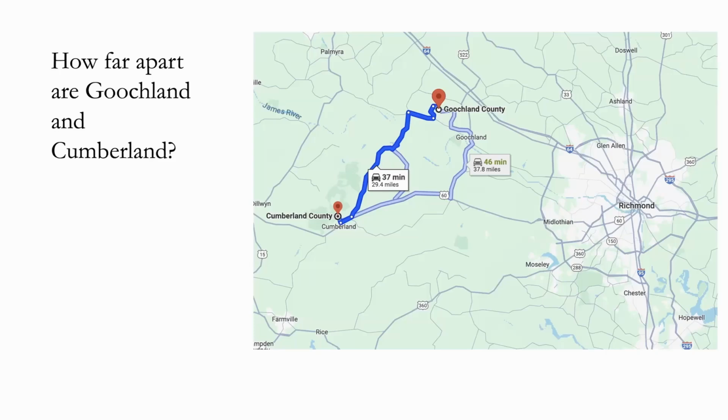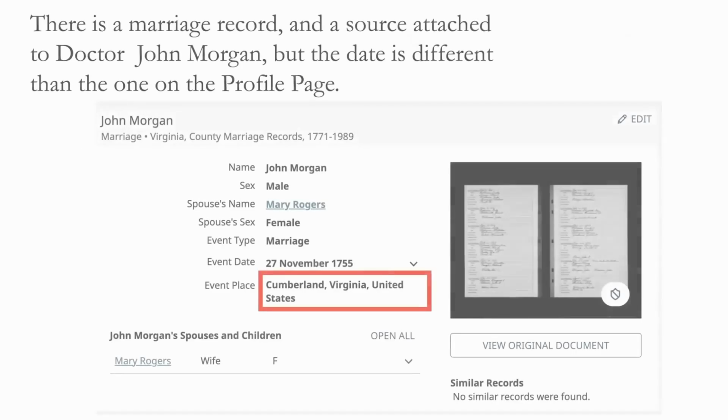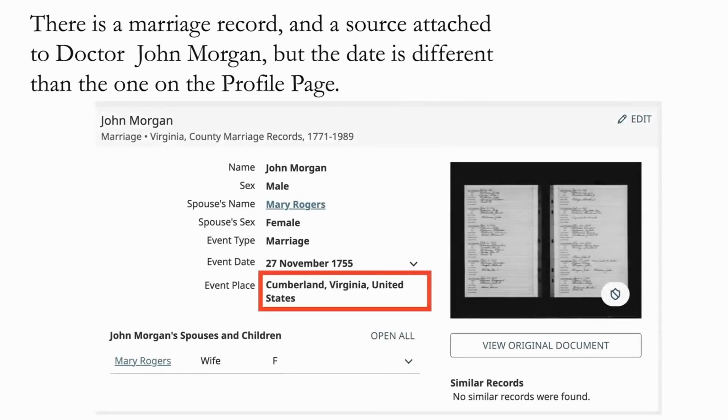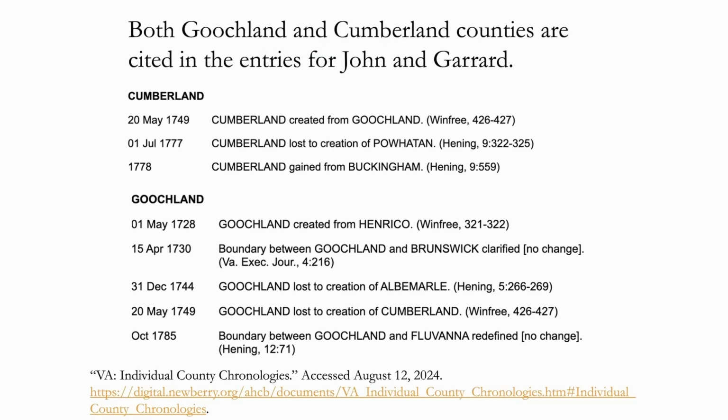If she was expecting a child or just had a baby, she's unlikely to be walking 20 miles a day or for any length of time. And why was she traveling up to Goochland County to get married if she was having a baby? So we're getting to the point where we can see, as we look at these records, that they are not very consistent.